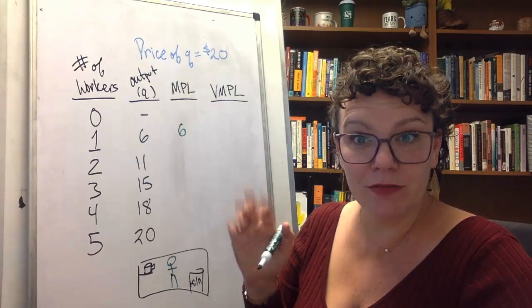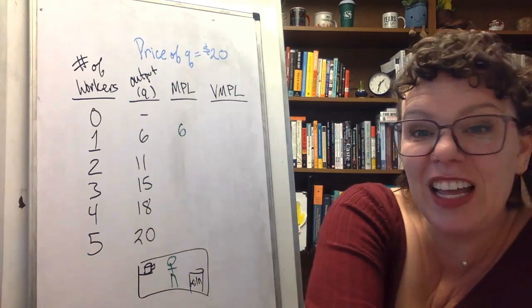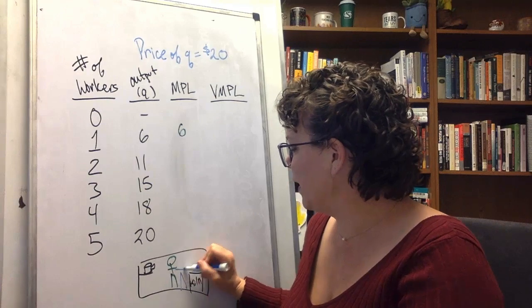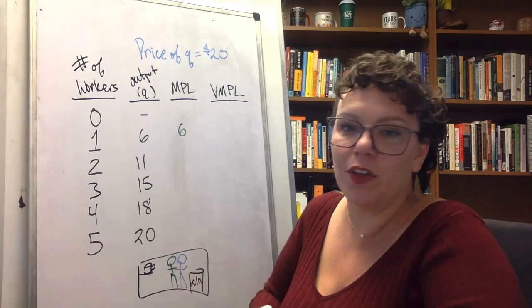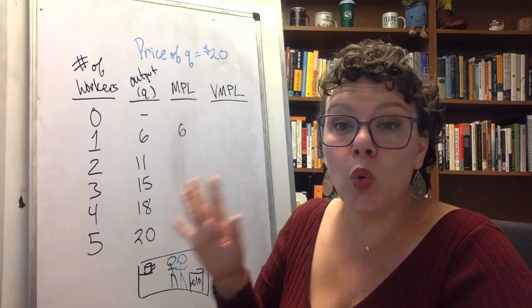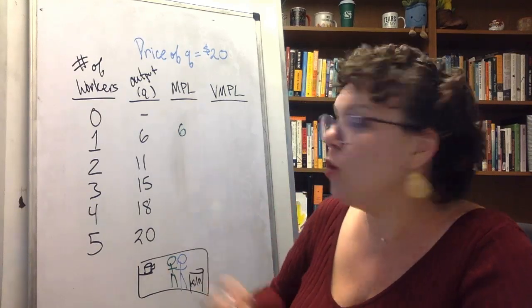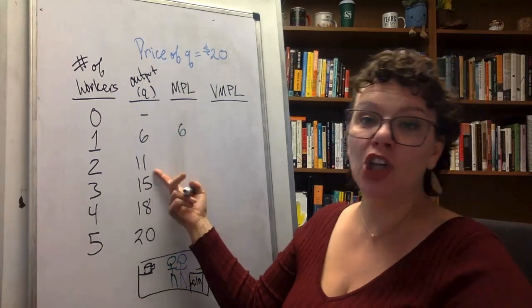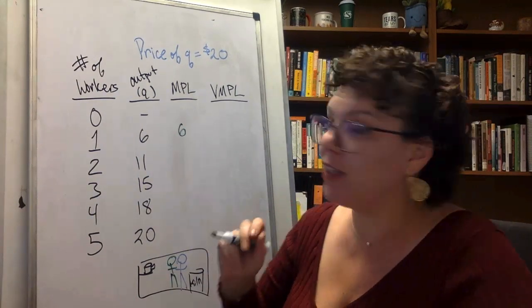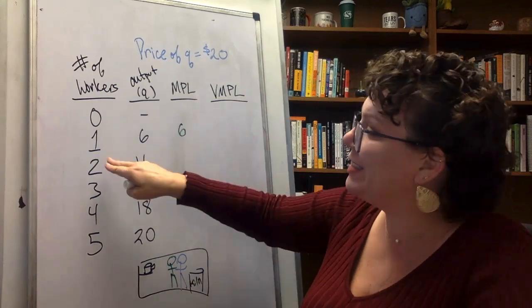So far, so good. Now we want to hire another worker. And this is going to be another person here. We're going to put them in the kiln room. They're going to help with the coffee mugs. And that's awesome. It's going to make our company more productive. Now, with 2 workers, we're going to produce a total quantity of 11 coffee mugs. Now we want to calculate the marginal product of that second worker.